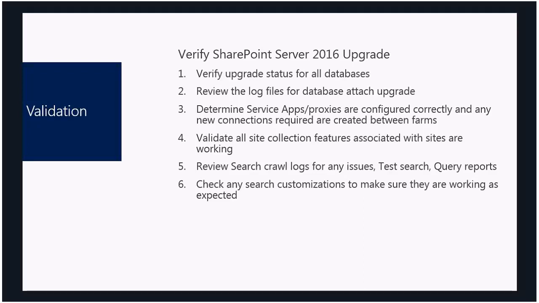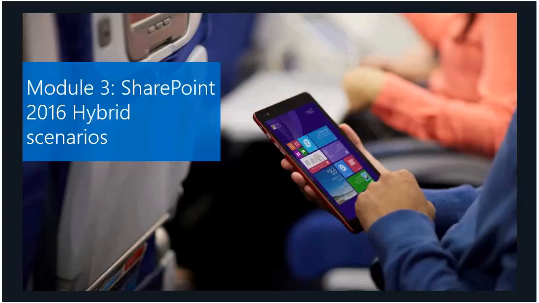So in module 2, we have already talked about upgrading to SharePoint 2016, and in module 3, we will talk about some of the hybrid scenarios here. With the hybrid scenarios, the customer will decide to move some of their content from their SharePoint on-premise into SharePoint Online.